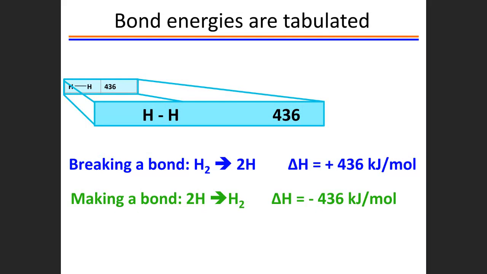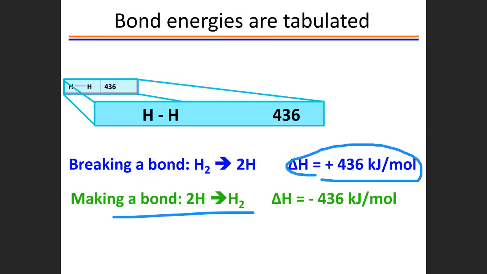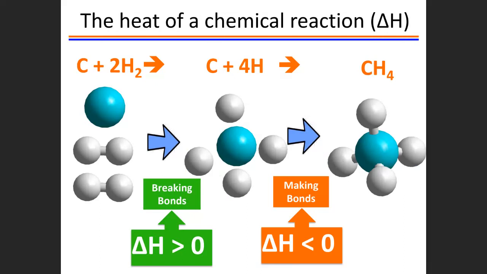Breaking the bond is positive, this is endothermic. And making the bond, ΔH is negative, this is exothermic. The same thing is coming again and again, and I am repeating so that it can go into your brain, because you just need to do your exams.